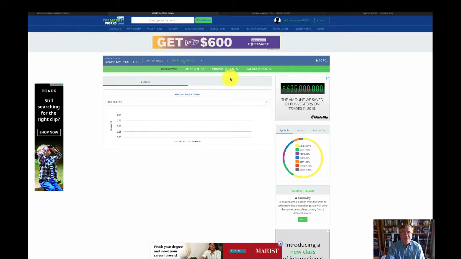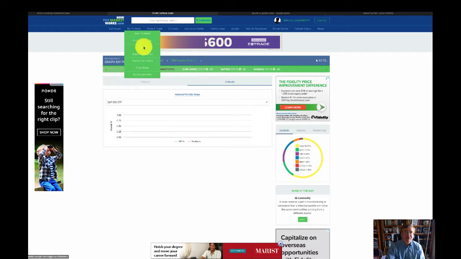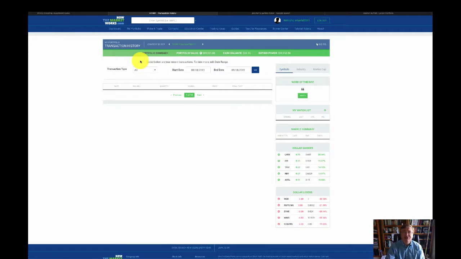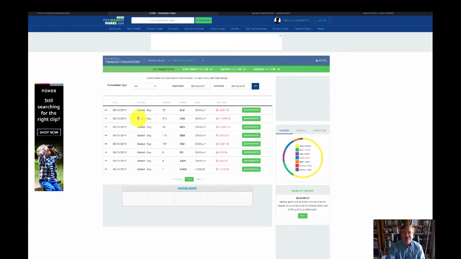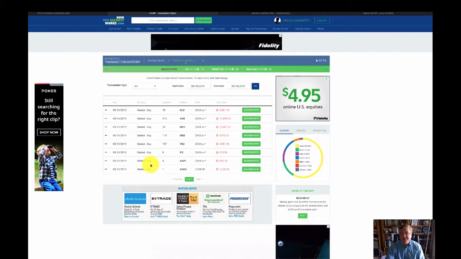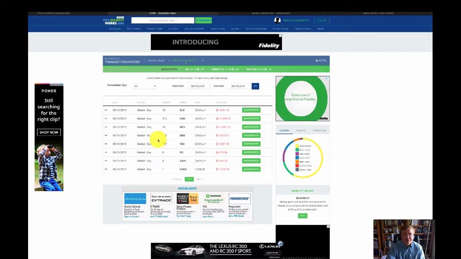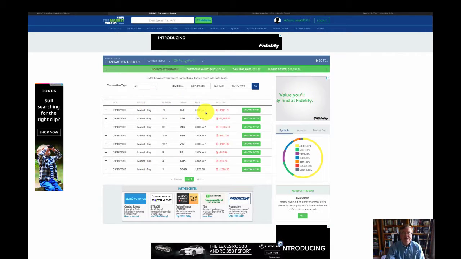The 1 month and the 3 month here can be clicked on for shorter-term comparison and longer-term historical performance. There's also a link here for transaction history, and it shows you all the trades and executions that you've done since you opened the account. So as you can see, all of these are market buy orders for all the trades that we just entered.